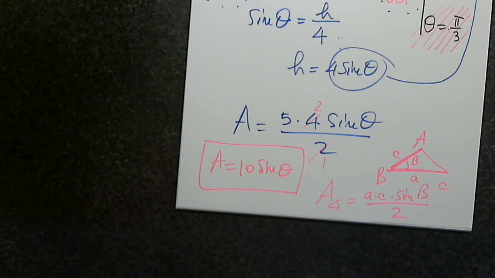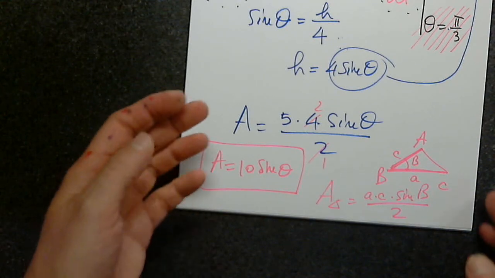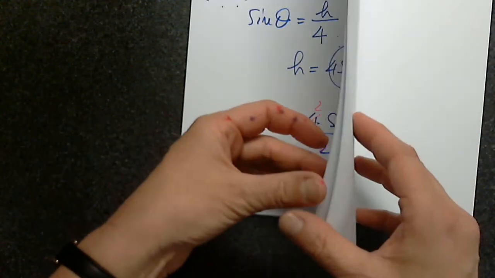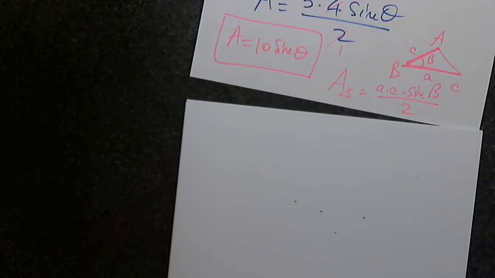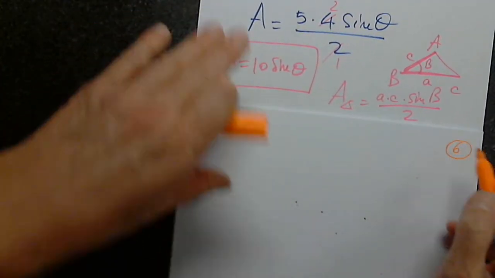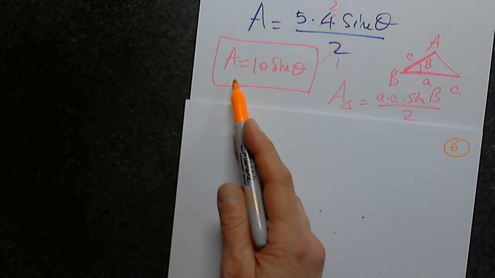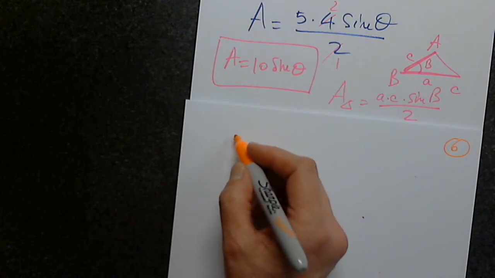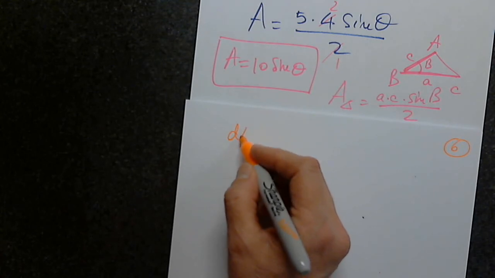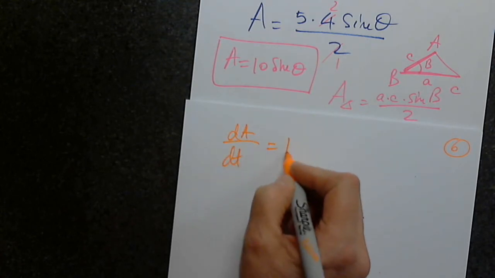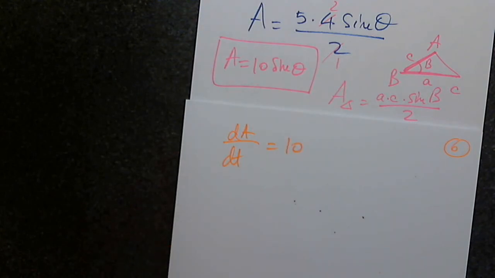Ready to continue? So we have the equation that relates these two functions. And now what? Yes, of course. Please differentiate the left-hand side and tell me what you get. Please differentiate the right-hand side and tell me what you get.